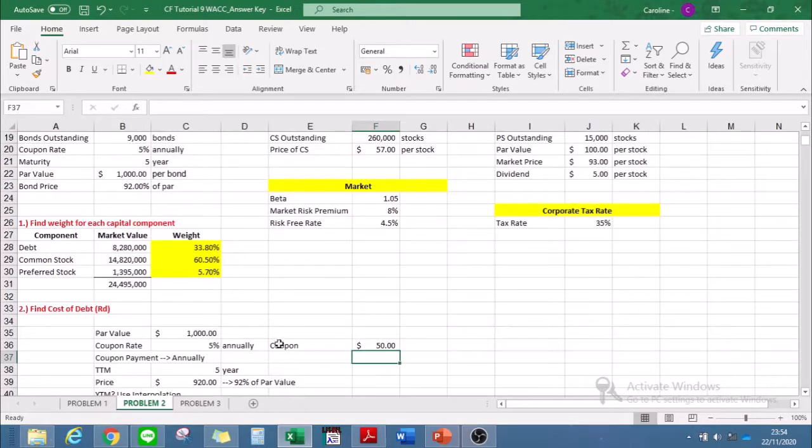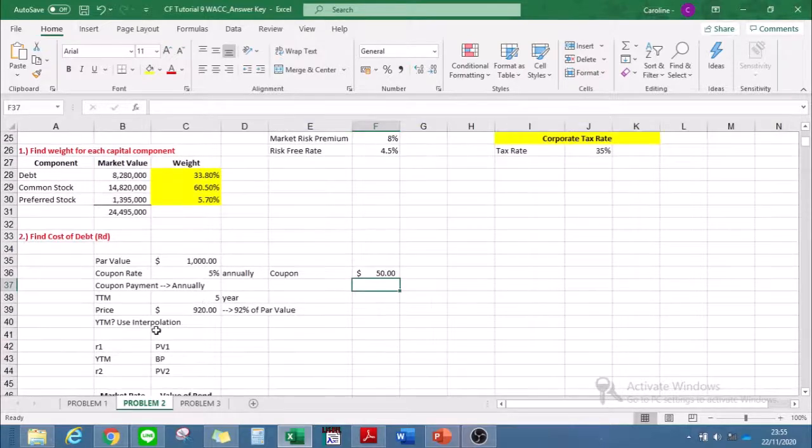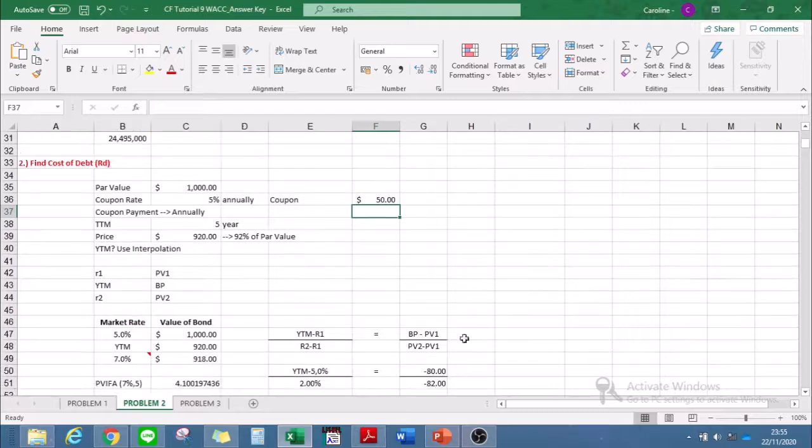From this information, you know that the price of the bond currently is lower than the par value, so that indicates the YTM is currently larger than the coupon rate. You need to find that using the interpolation method. When the coupon rate equals the market rate, the value of the bond equals its par value.